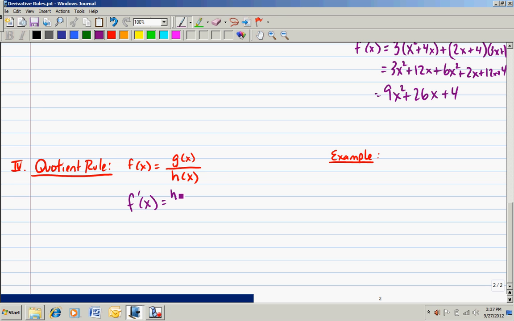The derivative will simply be h of x times g prime of x minus g of x times h prime of x, all divided by h of x squared.